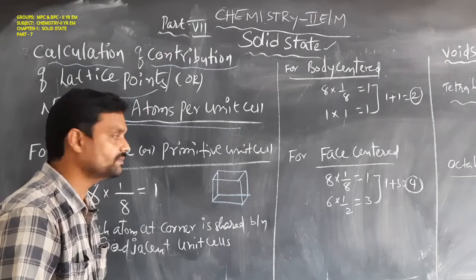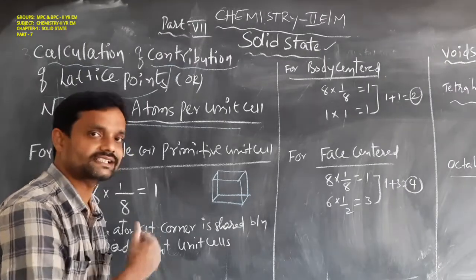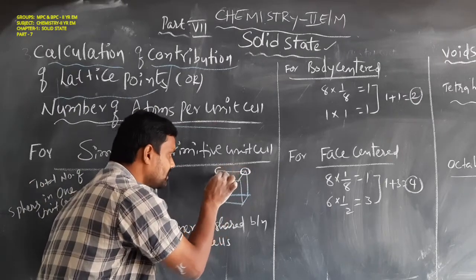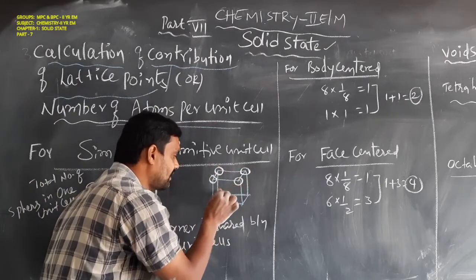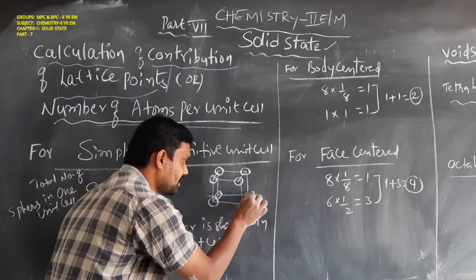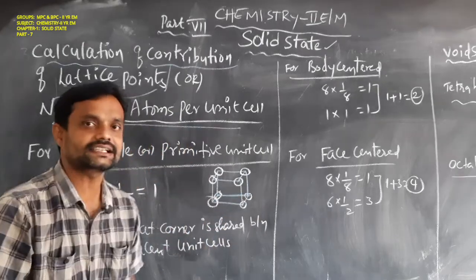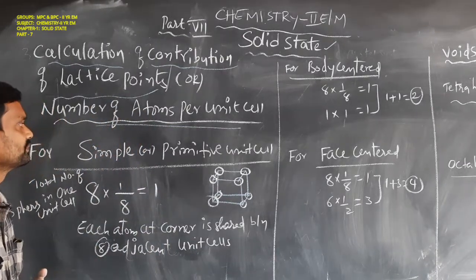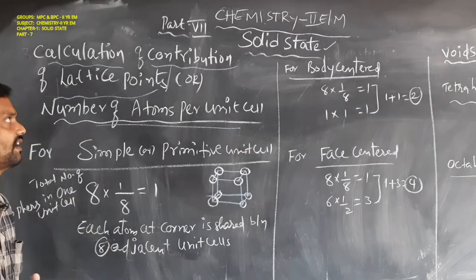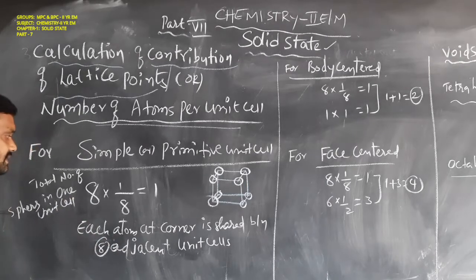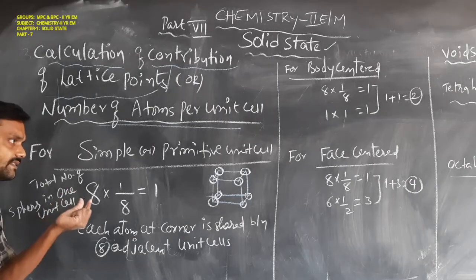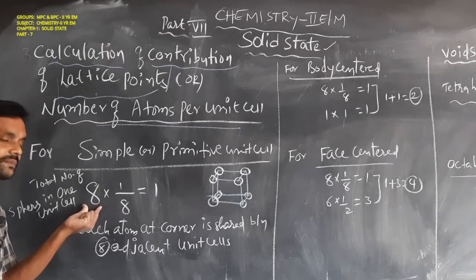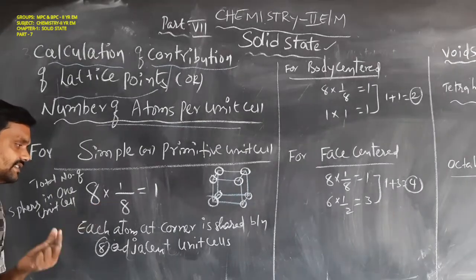How can we differentiate the simple or primitive unit cell? Compared to centered unit cells, in a simple or primitive unit cell the atoms are present only at the 8 corners. So how do we calculate the number of atoms per unit cell, or contribution of lattice points? 8 atoms are present at 8 corners.